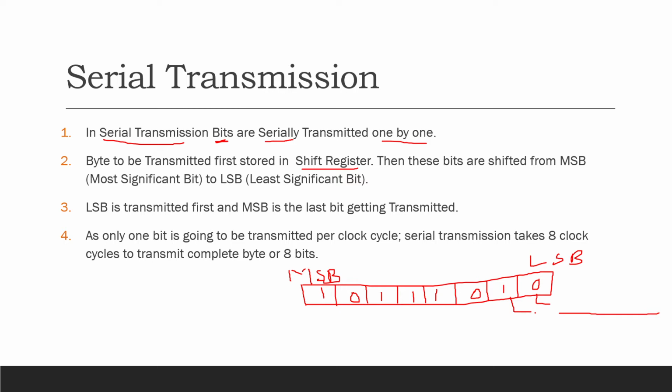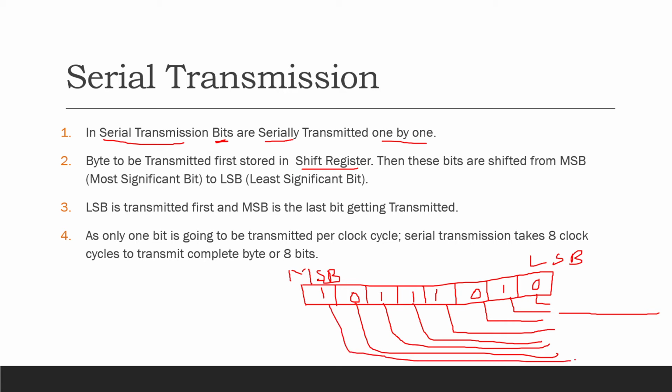Then we transmit the 1 just next to the LSB. Then we transmit the 0 next to it. Then we transmit this one, then this one, then this one, then this 0. And lastly, the MSB is transmitted over this cable.